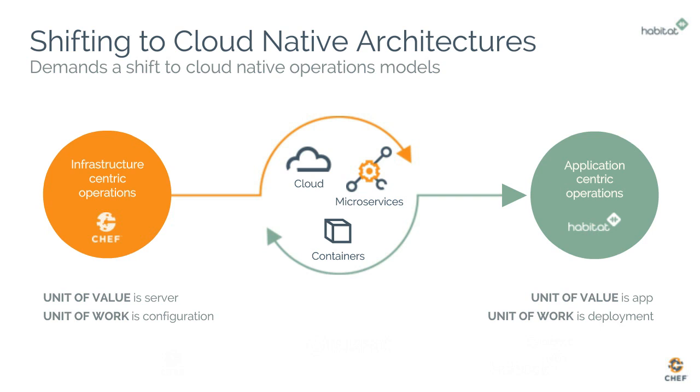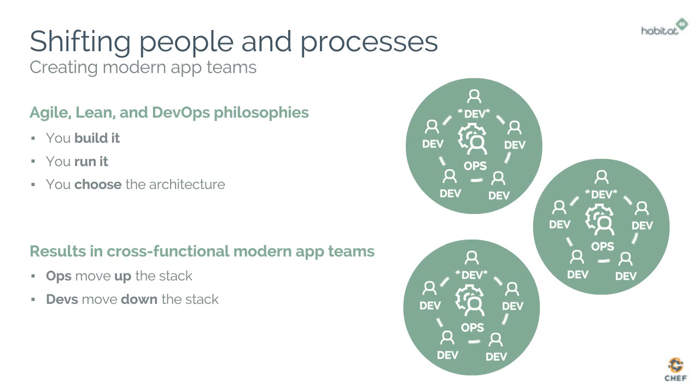We also see shifting people and processes in order to support this new application-focused software movement. So we have the modern application team, and they are very integrated. If you're on a modern application team, your software engineers are responsible for building and running, and the overall lifecycle and maintenance and availability of the services that they're responsible for.